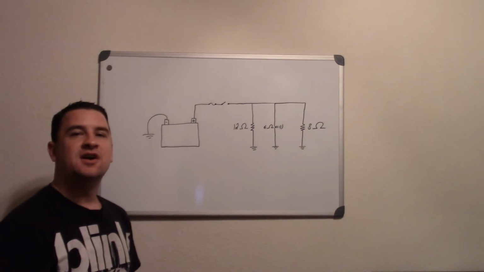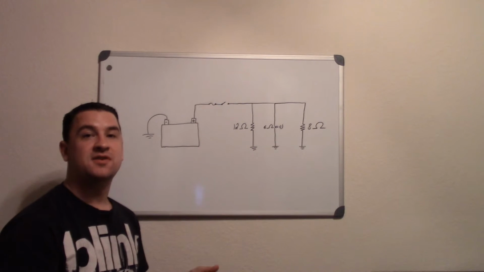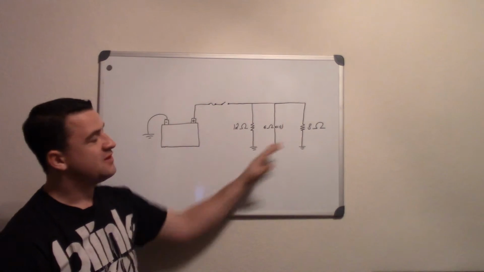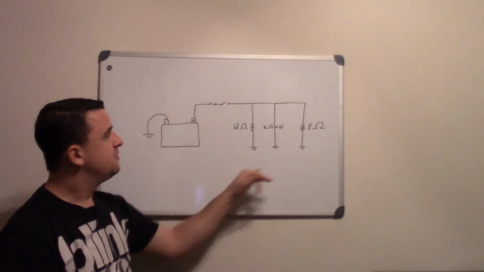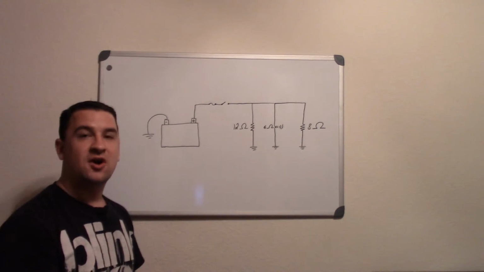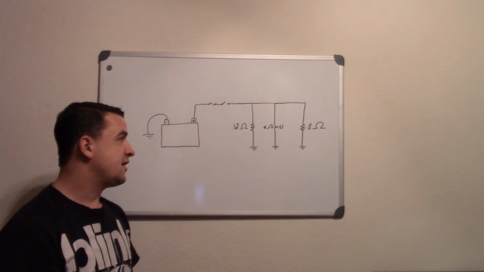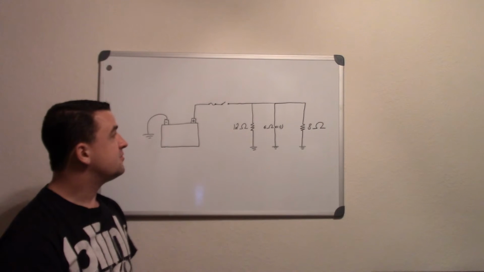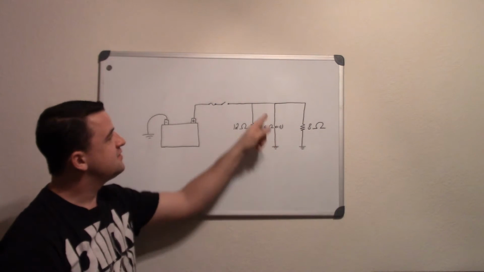Another unique thing about parallel circuits is that the overall resistance of the whole circuit is always less than the lowest branch, the one that has the least amount of resistance. In this case, for example, our least amount of resistance is this light bulb.